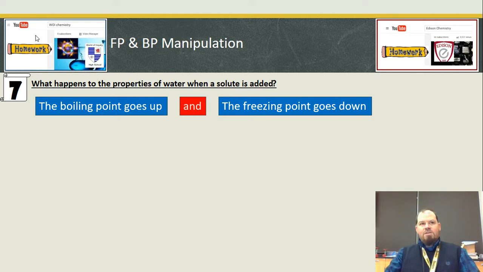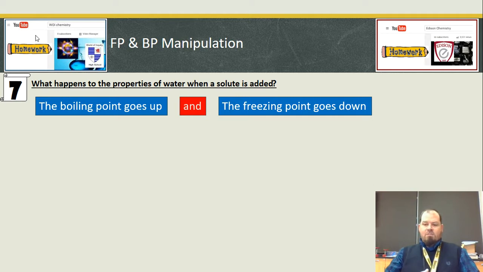So the boiling point is going to go from 100 degrees to, let's say, 105 degrees. Well, you'd have to test that at 105 degrees, and it's impossible to see that the freezing point would also change at that same time, because I'm 100 degrees away. And now I'm more than 100 degrees away, because I'm going to take that freezing point and make it from 0 degrees Celsius to something like -5 degrees Celsius.